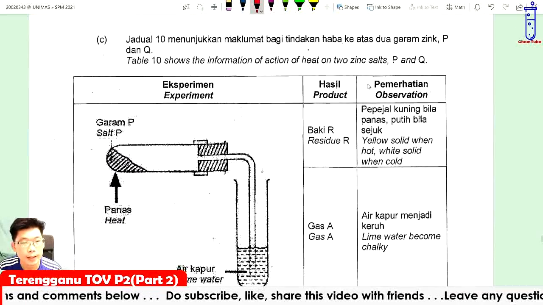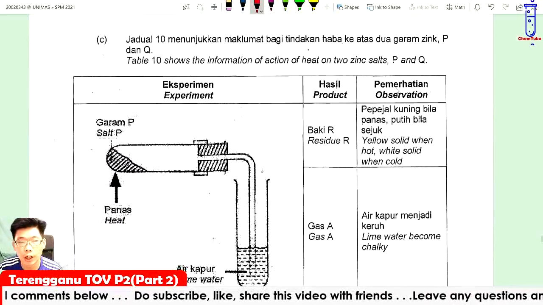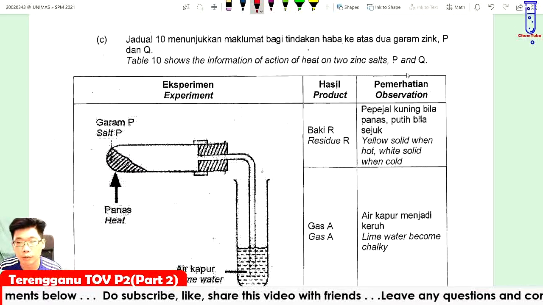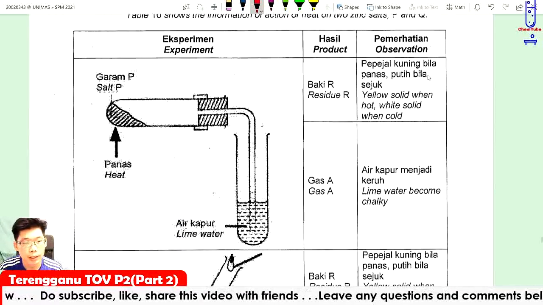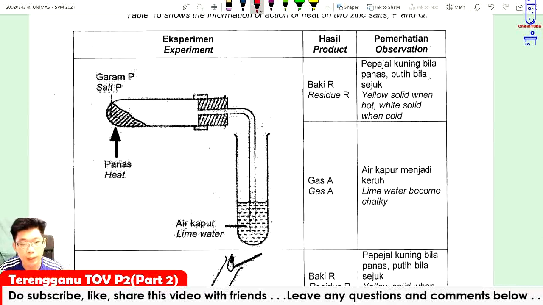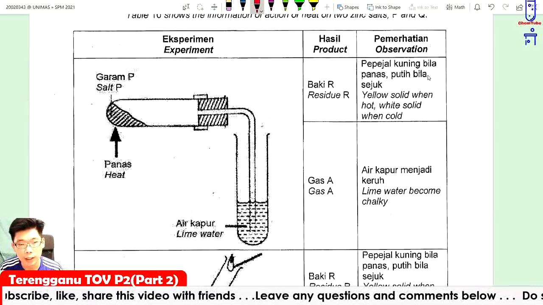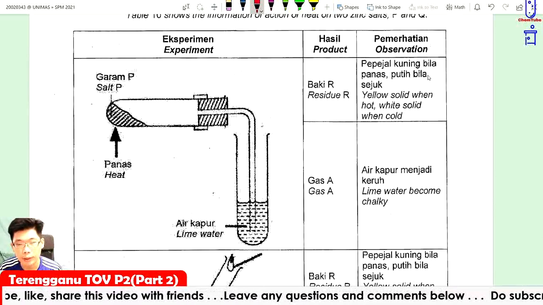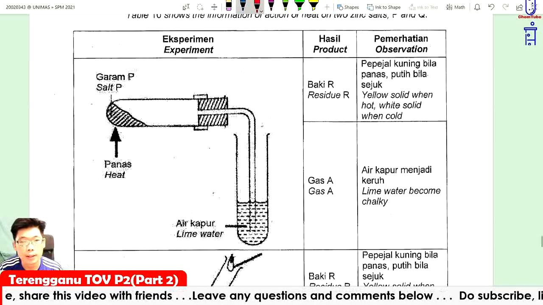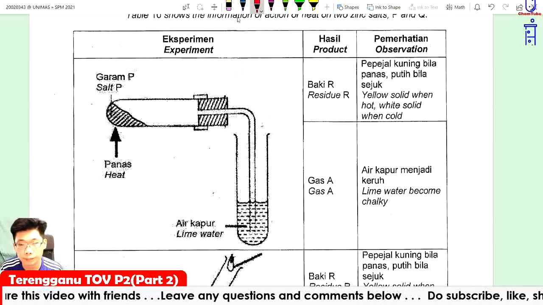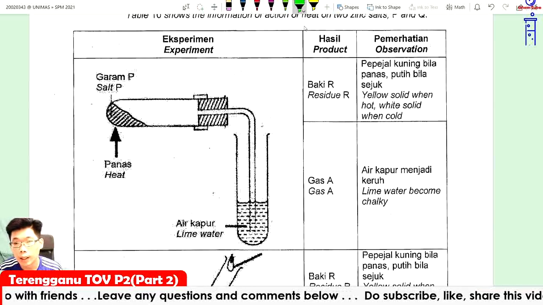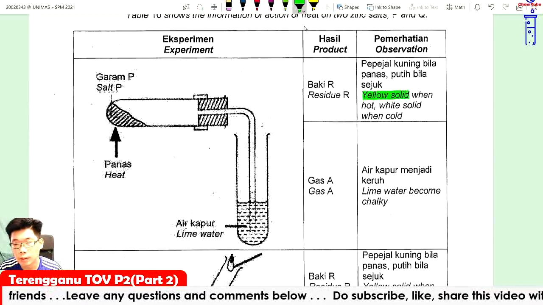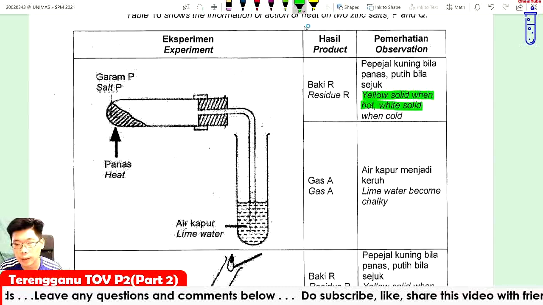Okay, next, the table shows the information of action of heat on 2 types of salts, P and Q. So here, salt P, you heat it, okay, deliver the gas into the lime water. Let's see. The residue R here, okay, is a yellow solid when hot, white solid when cold.